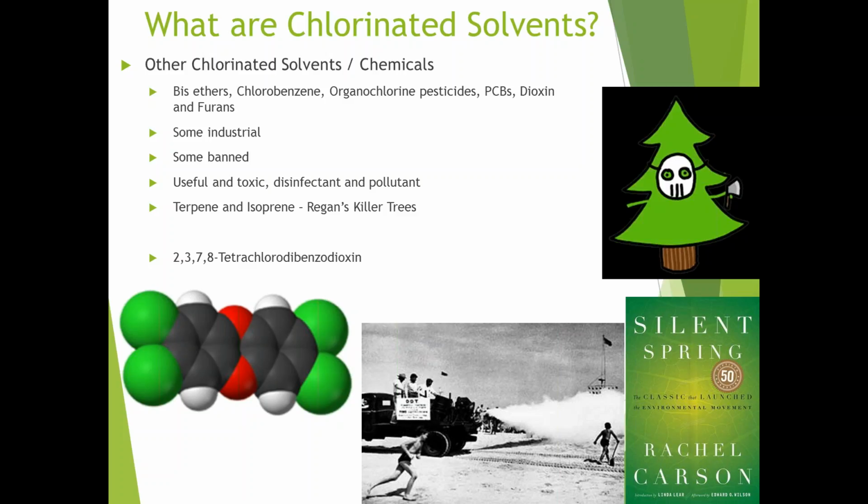Many likely do not know, but 2,3,7,8-tetrachlorodibenzodioxin is normally referred to as the most toxic chemical on Earth. That's the model on the bottom. You'll notice again the green atoms are the chlorine atoms.